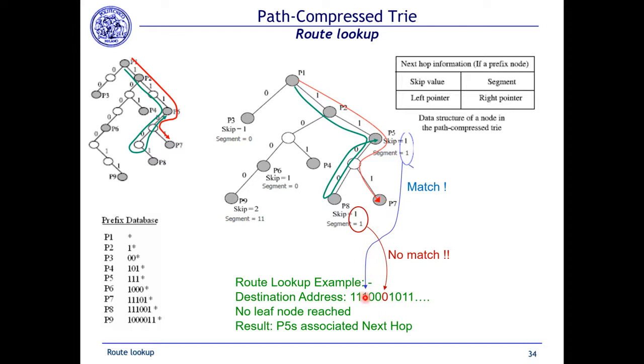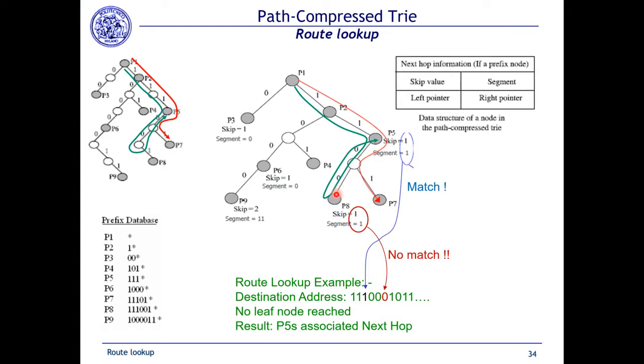The value of the bit is 1. We have to match it against the value of segment, which is 1. There is a match, so we have permission to enter this node. After entering the node, we can go on because we have a 0 here and then another 0.